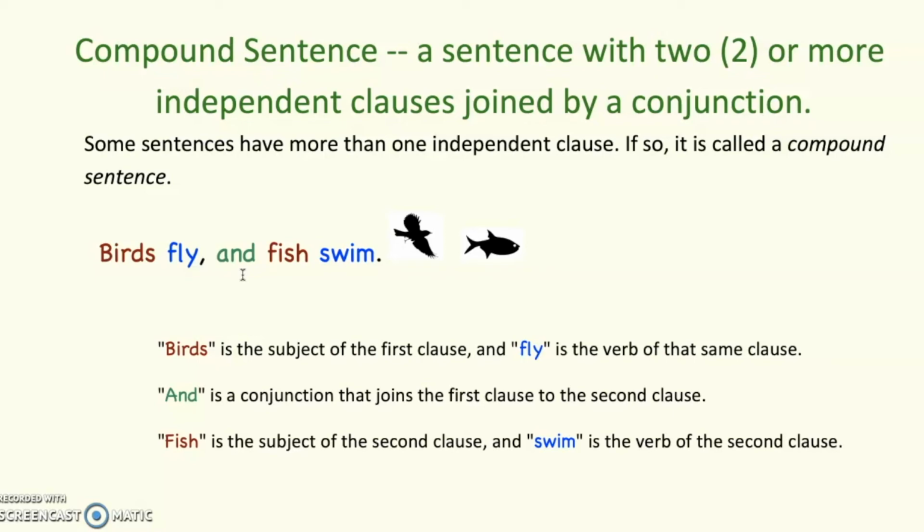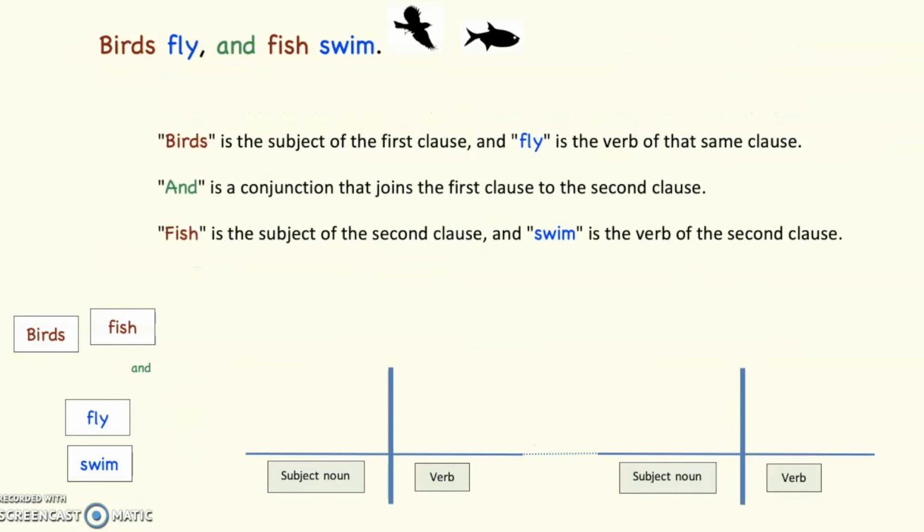However, it's a compound sentence because it has two clauses, two independent clauses. It has this clause and it has this clause. Because this sentence has two independent clauses, this one and this one, we call it compound.